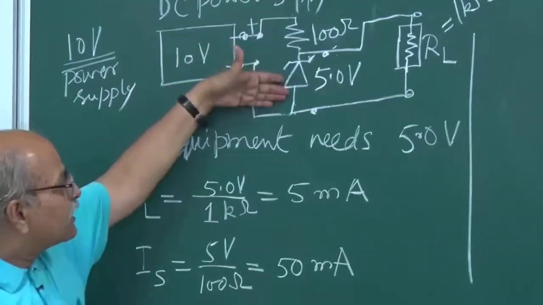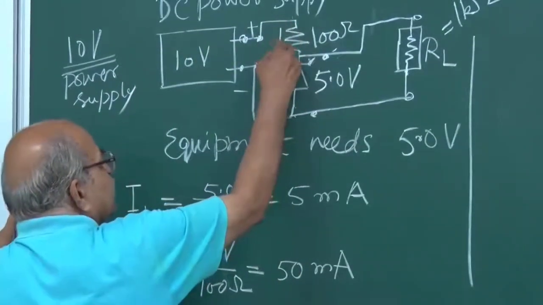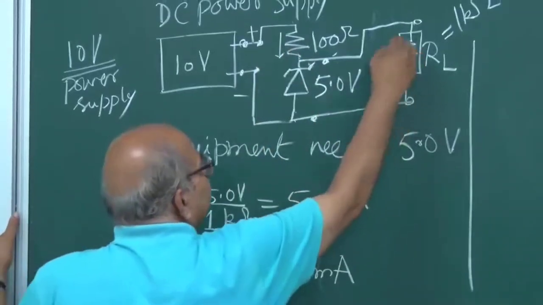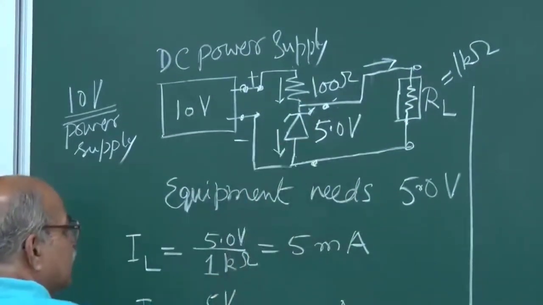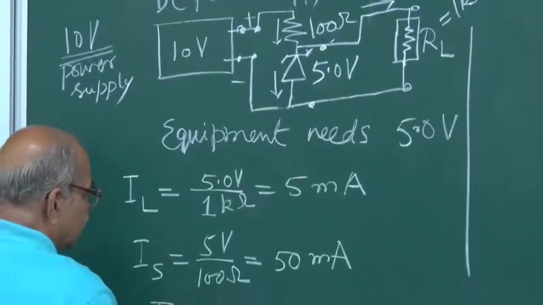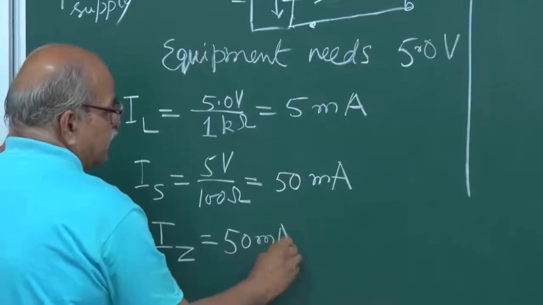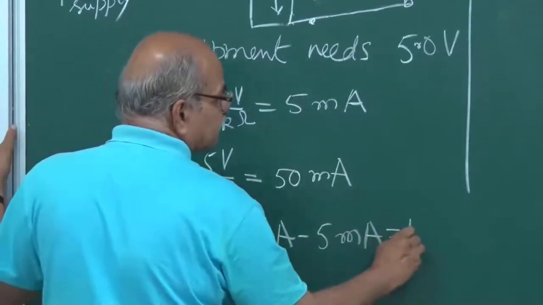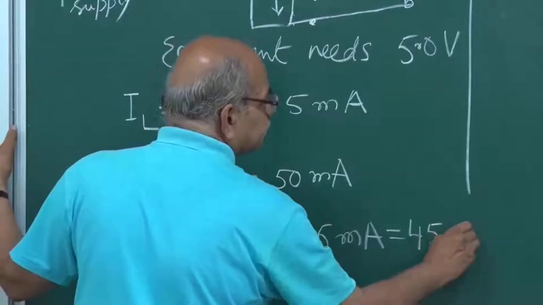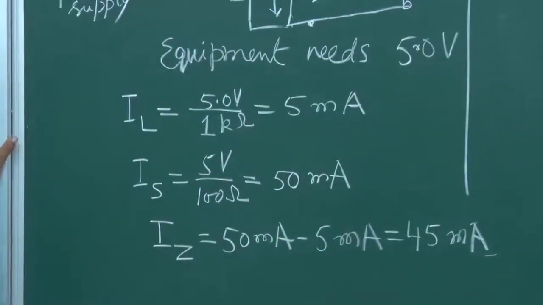And how much is the current from this Zener? You have 50 milliamperes here, you have 5 milliamperes here. So here it's simple to see that current through that Zener is 50 milliampere minus 5 milliampere, and that is 45 milliampere. Right?